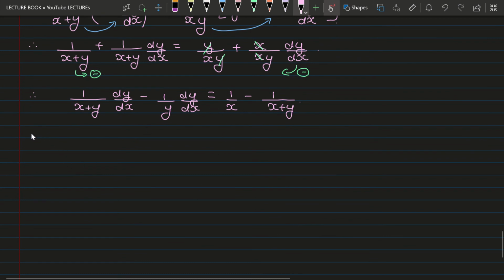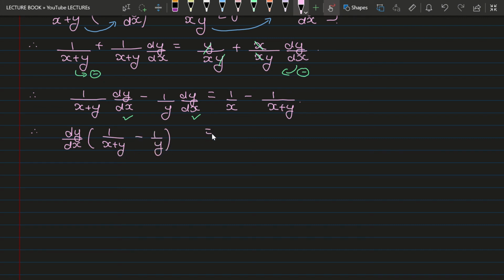So now I can take out dy by dx common from these both terms. So the answer is, and this is equal to 1 by x minus 1 by x plus y. I'm sure guys you all can make out these all small points.